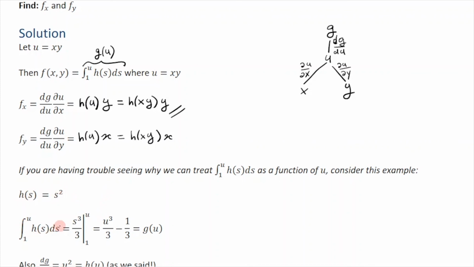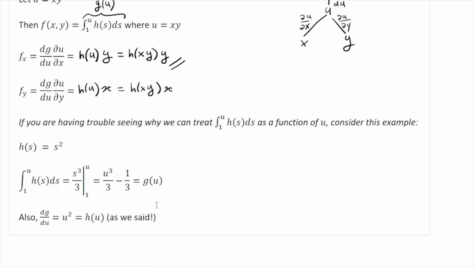If I integrate it, I'm going to get s cubed over 3, and then this integral would be from 1 to u. So then I get u cubed over 3 minus 1 over 3. And you see that this is only dependent on u. It's not dependent on s or any other variable.